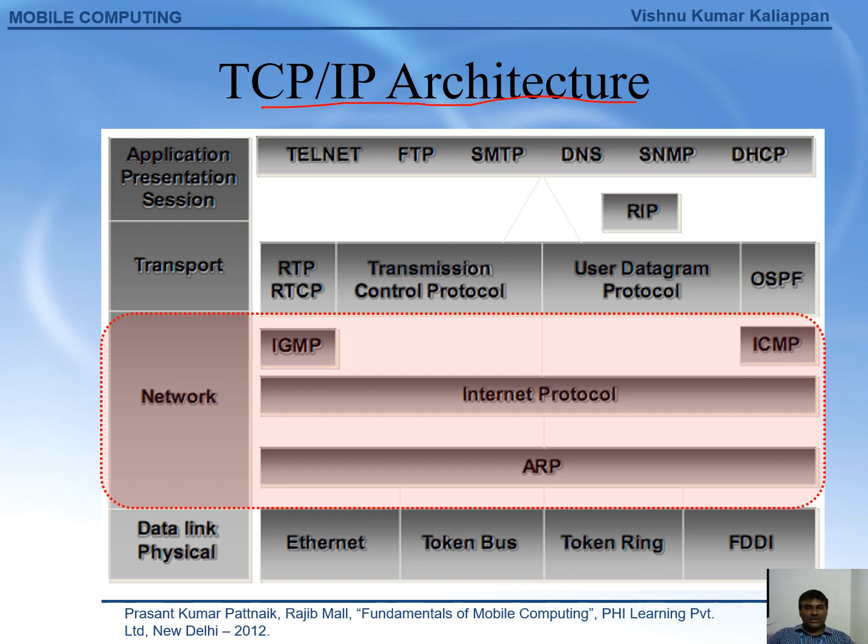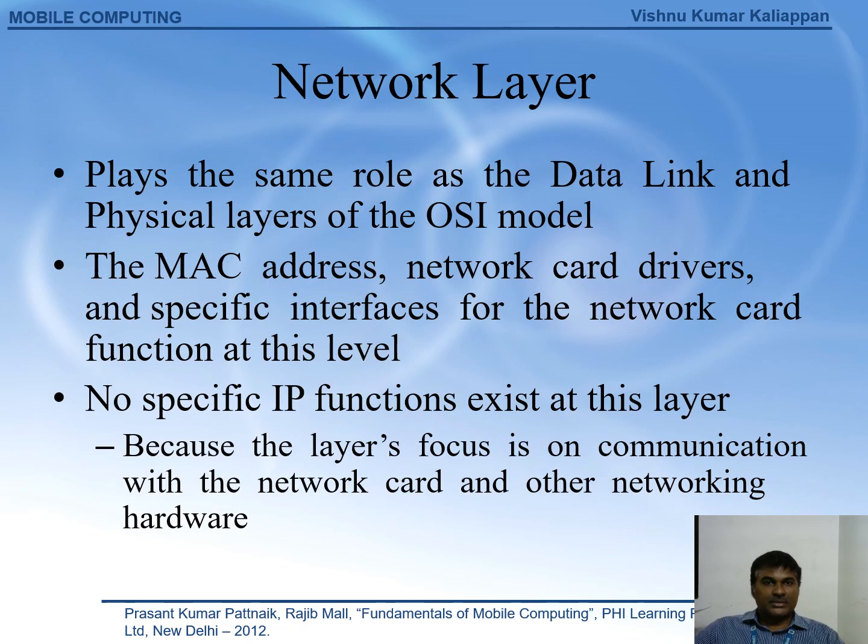Now the network layer lies between the transport layer and the data link layer, and it takes full responsibility for finding the right place or destination and then transferring the data packet.